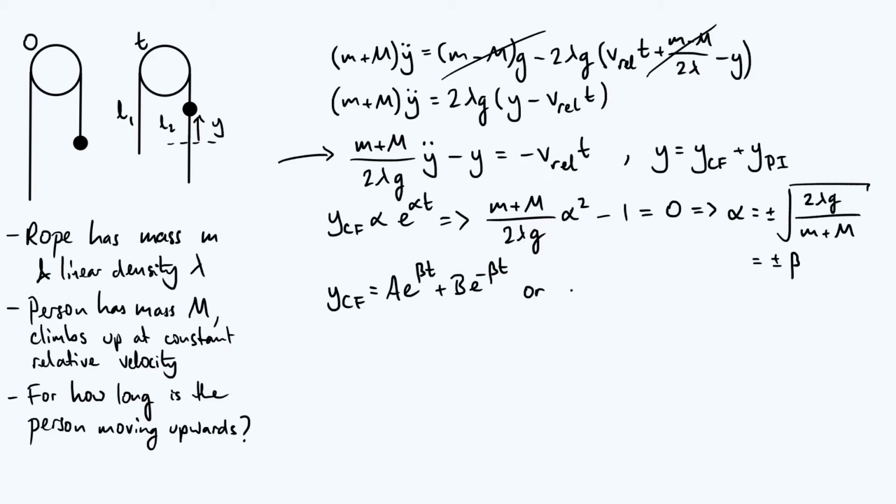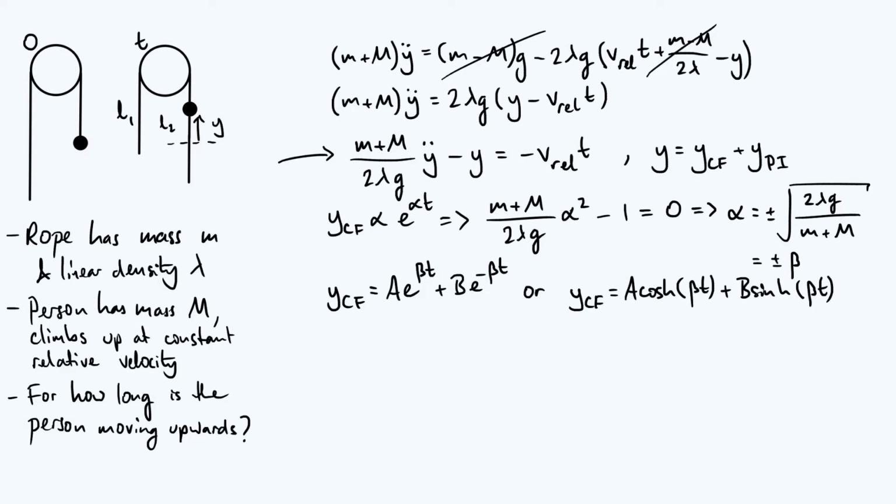So alternatively, I'm sort of redefining my coefficients a and b. Now I'm going to say y complementary function is a times the hyperbolic cosine of beta t plus b times the hyperbolic sine of beta t. Again, you could work through this whole problem using exponentials and end up at the same final result, but switching to hyperbolic trig functions at this stage will make things a little bit easier.